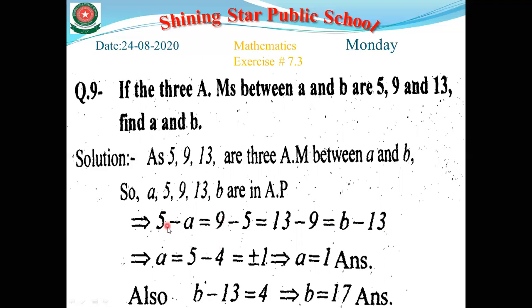So we can take the 4 to the left hand side, it becomes 5 minus 4, so A is equal to 1. Here is B minus 13. B minus 13 is equal to 4. So when we take the 13 to the right hand side, 4 plus 13 is 17.